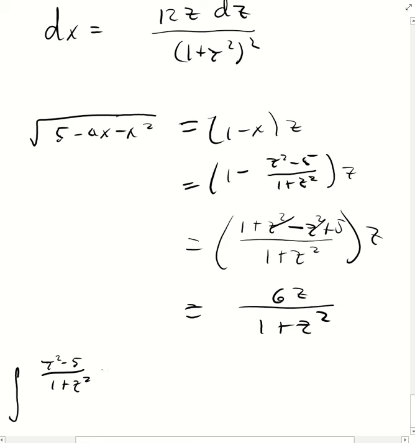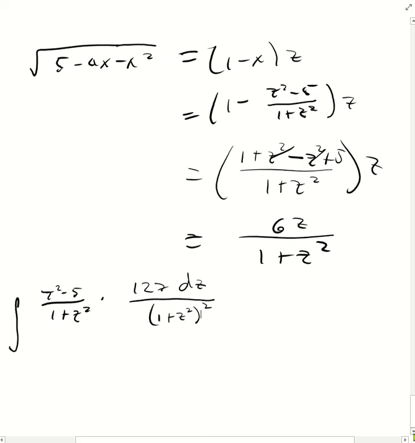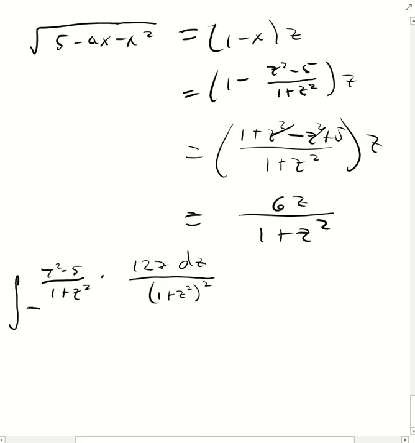Our dx is 12z dz all over 1 plus z squared. So this is x times dx. Then at the denominator, we have the square root of 5 minus 4x minus x squared, which is 6z over 1 plus z squared.